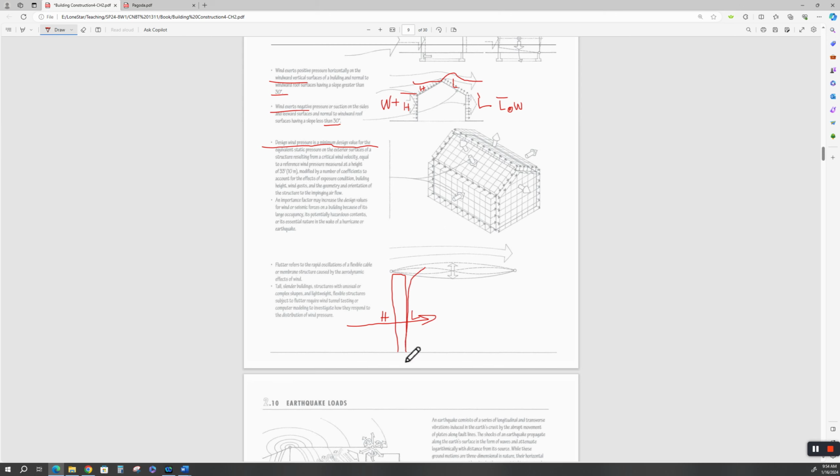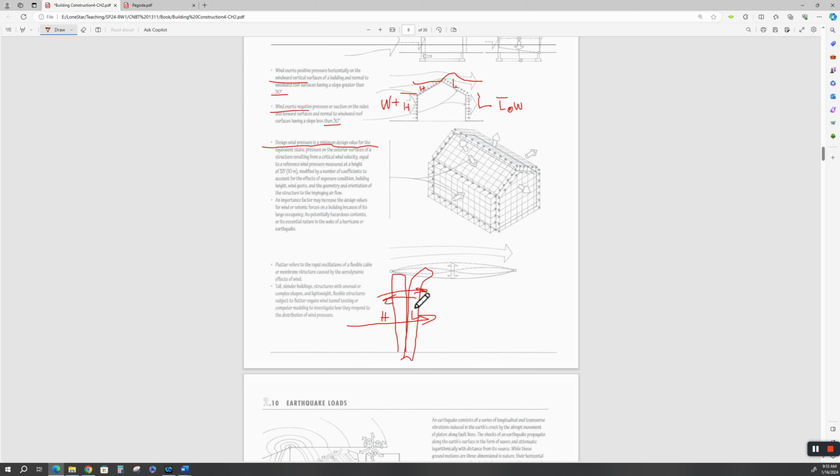So this thing's going to be like a piece of linguine, and it's going to be fluttering in the wind like that. Well, not quite that bad, but nonetheless, it'll start to flutter. And if the wind is gusting, it pushes it and then lets it go. That means it's going to go over here, then it's going to go back here, and then if it picks up again, it'll go back over here, and then pretty soon this thing is rocking back and forth.